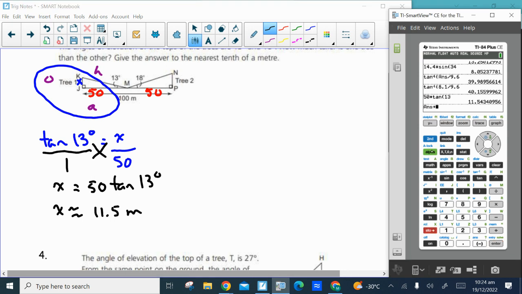I'm going to store that number into my memory. If you don't know how to do that on your calculator, you should write down all those decimals, 11.54340956.